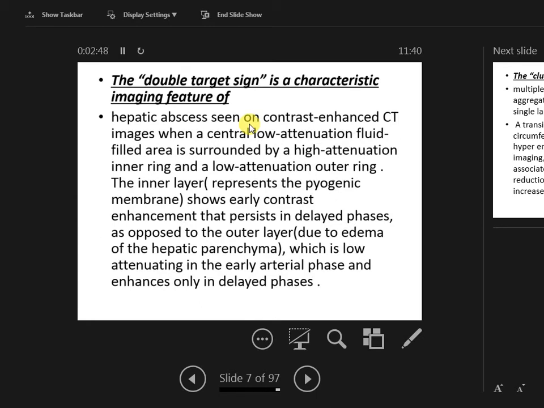The most important sign in contrast CT is the double target sign: central low attenuation fluid, surrounded by a high attenuation inner ring and a low attenuation outer ring. The inner ring enhances in the early phase, and the outer ring in the delayed phase.